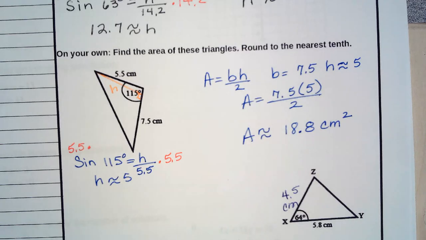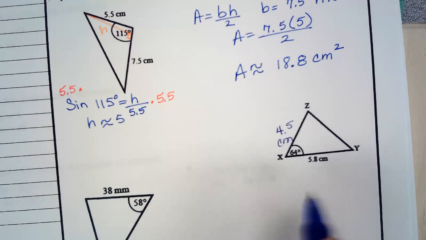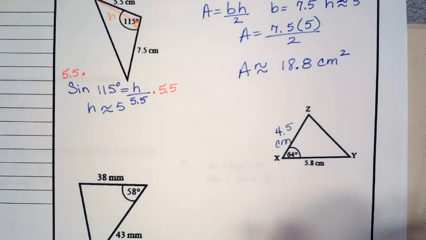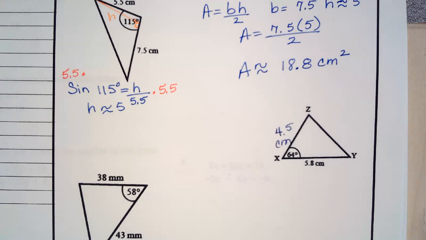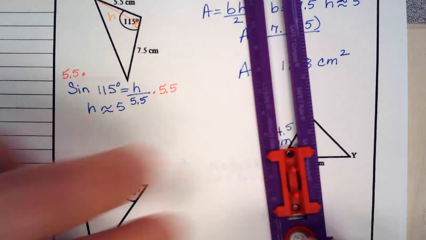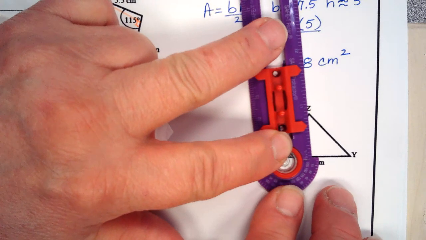Okay, if you weren't able to do that one on your own, can you do the next one on your own? This one is very similar to what we've been doing. Well, I'm going to do my height from the bottom up.